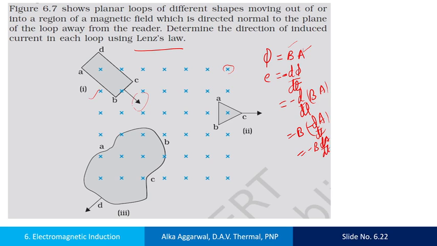That is, the EMF induced is directly proportional to the rate of change of area. Now, as we are taking it inside the magnetic field, the area of the loop in the magnetic field changes.